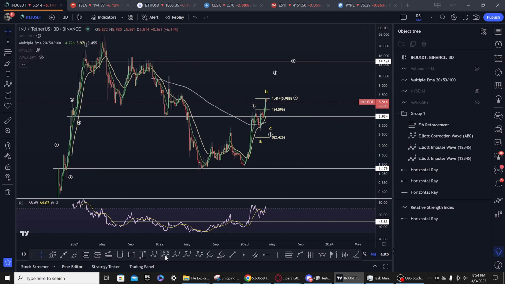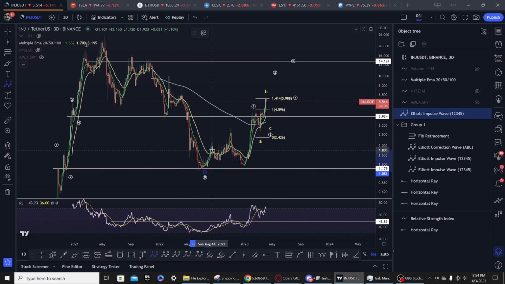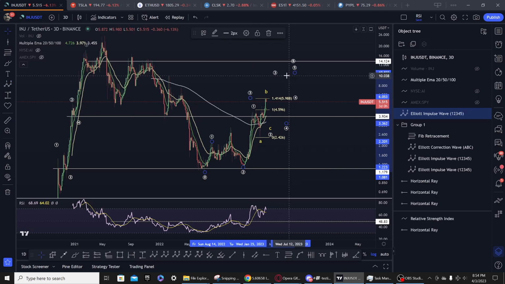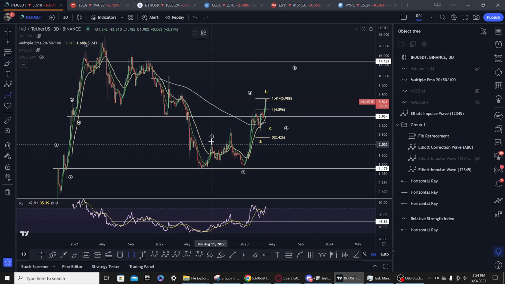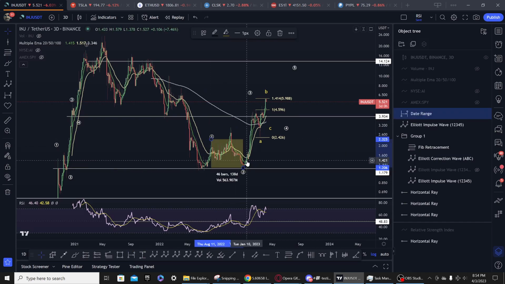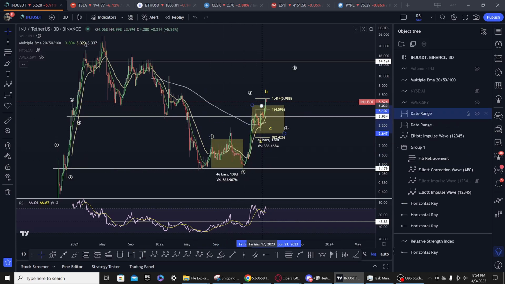For me, you could argue it started right here, and this is some kind of expanded irregular correction. And then let's hide this, and maybe we're in this corrective pattern. Waves 2 and 4 are usually around the same amount of time.